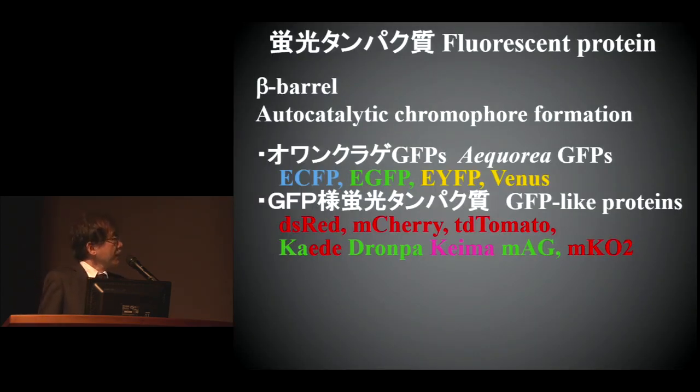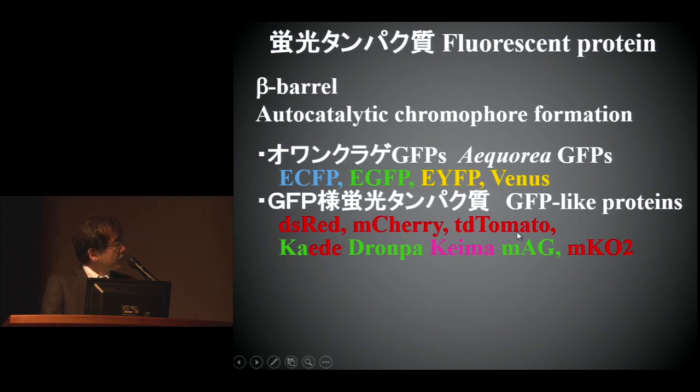All right, I told you about a variety of fluorescent proteins today, and they can be classified into two groups: Aequorea GFPs coming from Aequorea victoria, and the GFP-like proteins from other animals, mostly corals.